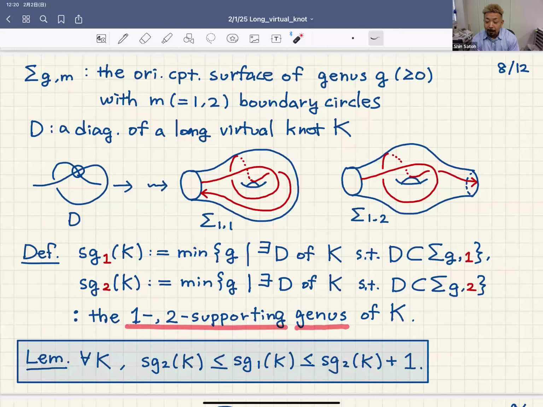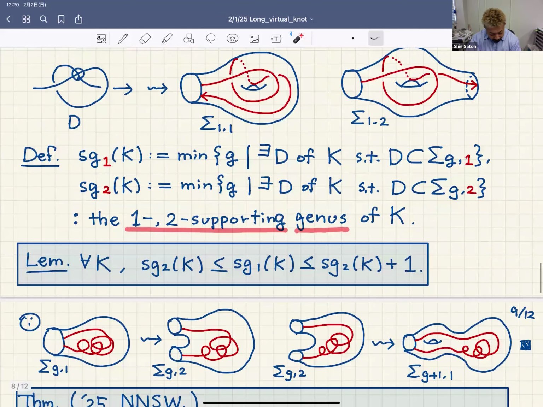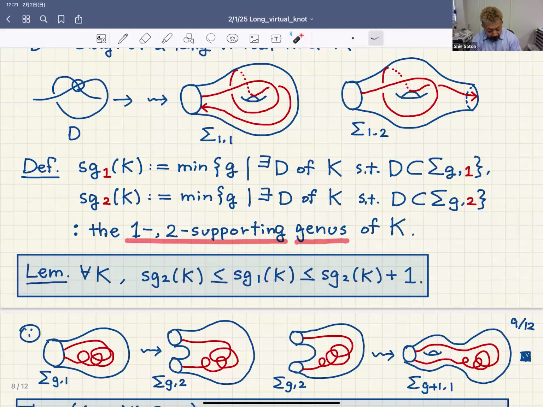Then it follows by definition that we have these inequalities easily. In fact, if a diagram lies on sigma G,1, then it can lie on sigma G,2 by dividing this circle into two circles, like this.